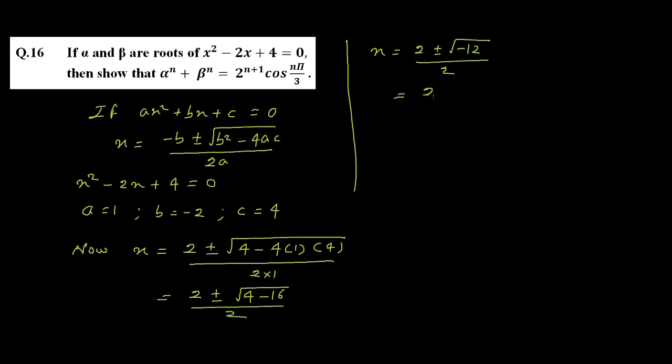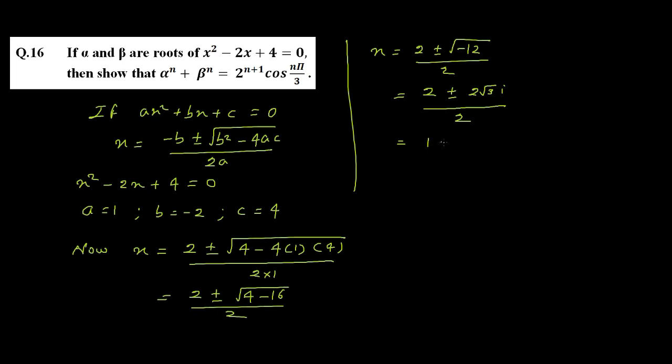I can write 2 plus or minus root over minus 12, right? What can you write? Can I write here 2 root 3 iota? 2 root 3 iota. Otherwise, think in reverse. If you take 2 root 3 iota whole square, you will get 12 iota square, and iota square is minus 1. So minus 12, and you divide by 2.